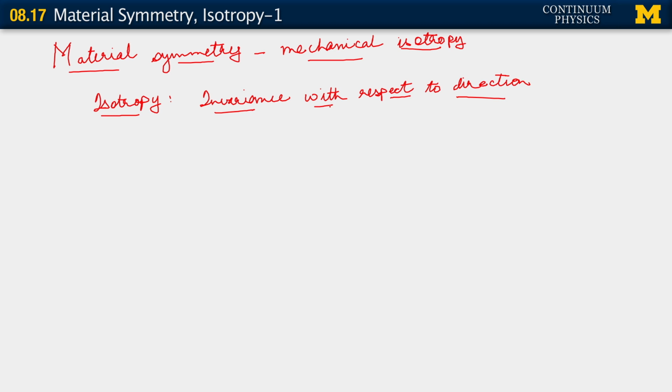As a very special example of this, this tensor that we've been using often, I've often referred to this as the second order isotropic tensor.